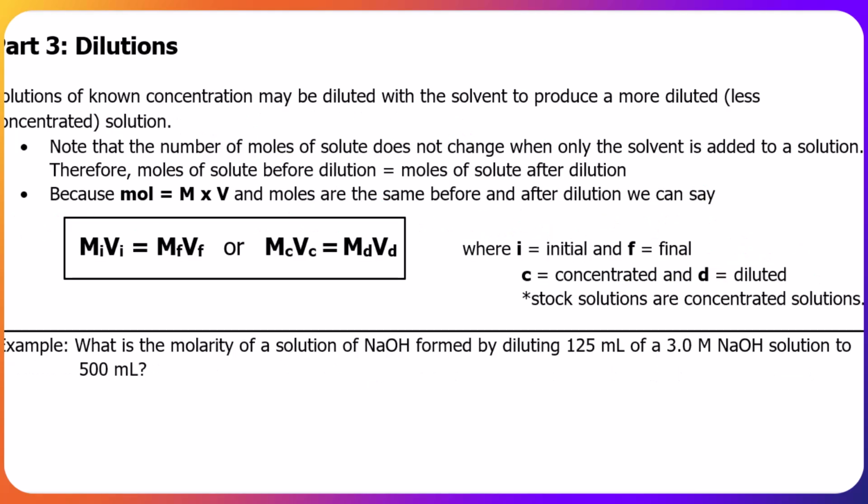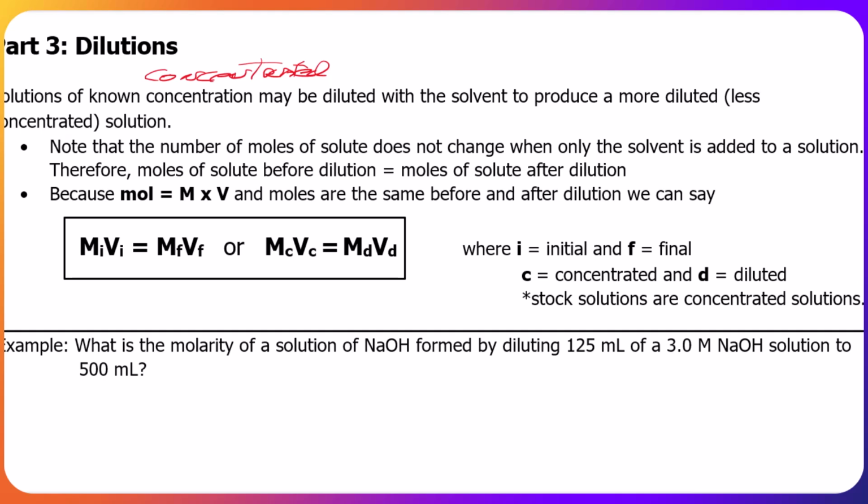Okay, let's talk about dilutions. And in a dilution, you have a solution of some known concentration. It's usually very concentrated. That's the way we get the solutions from the manufacturer. They're always concentrated because that means you have less volume. Less volume means less mass, and less mass means it's cheaper to transport.